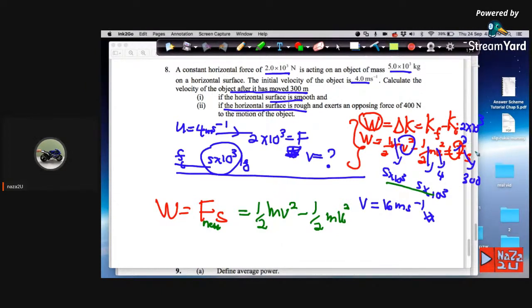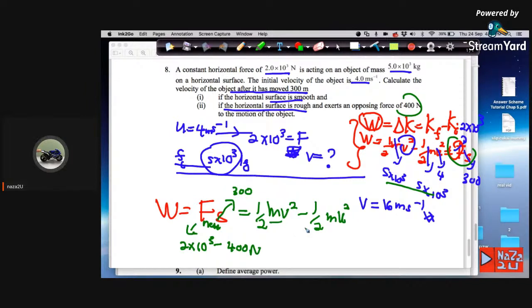Cuma Fs saja berubah. Fs kat sini, Fnet ini kamu kena ambil nilai apa? Kamu kena cari daya bersih dia. So daya bersih dia, kamu kena apa? 2 exponent 3 Newton minus frictional force 400. Yang ni sama, iaitu 300 meter.